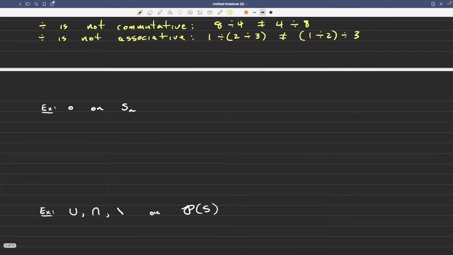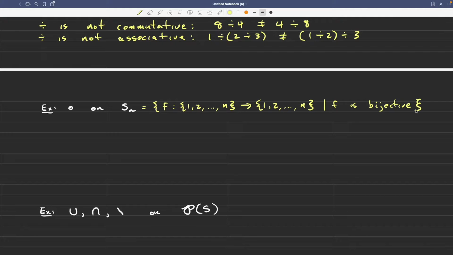Another example, composition on Sn. Remember, Sn is the set of functions from the set {1, 2, up to n} to itself that are bijective. And remember, we had the two-row notation and the cycle notation for these types of functions. But anyway, we know that composition is a binary operation on this set.